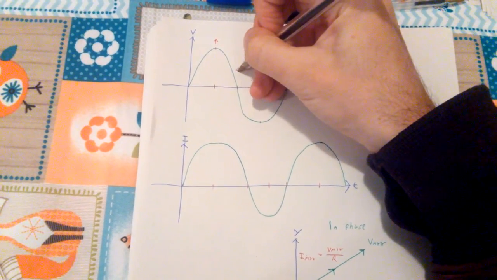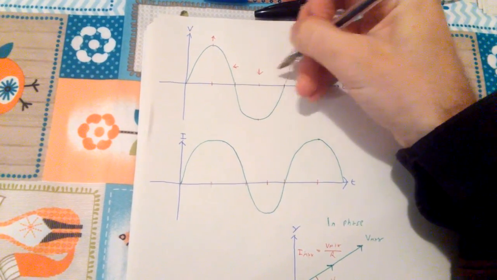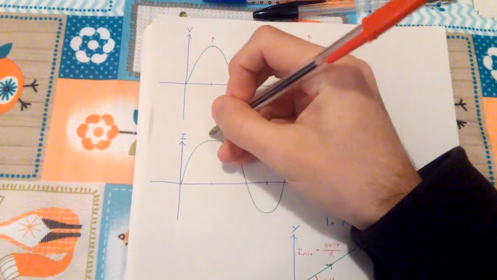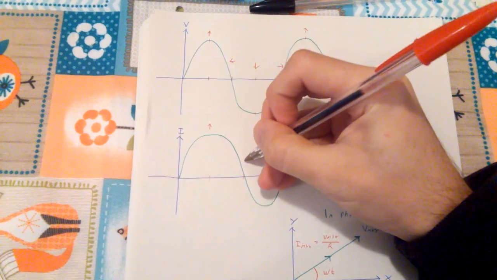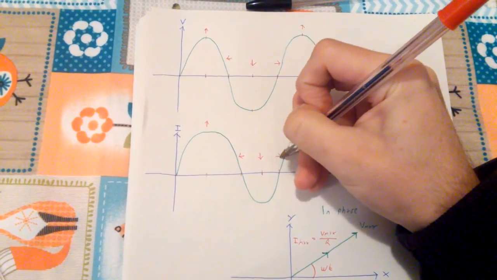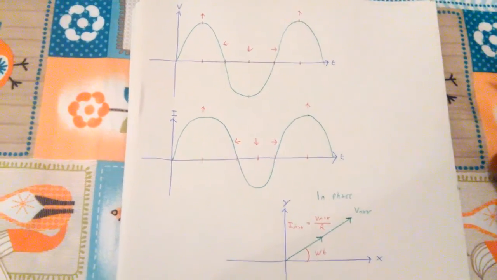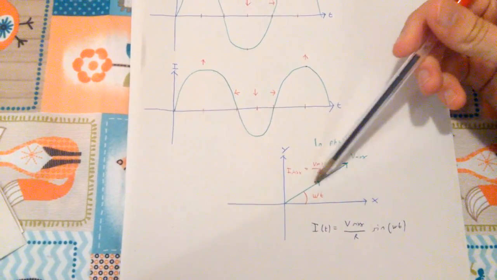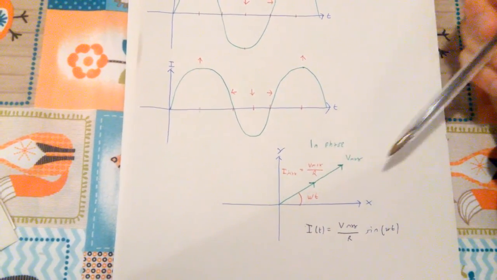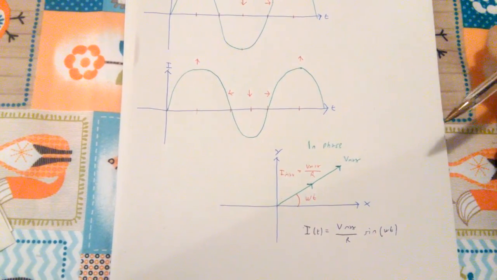Will be up, left, down, right, up, and the same goes for the current. Up, left, down, right, and up. So if there are two vectors, one sitting on the tip of the other, then they are in phase.